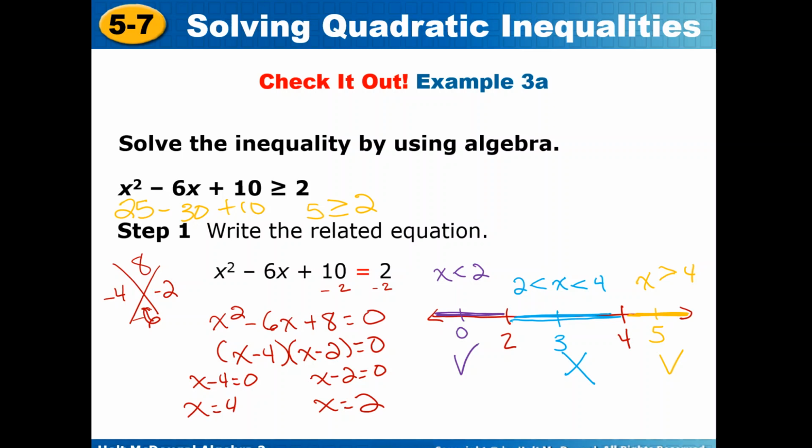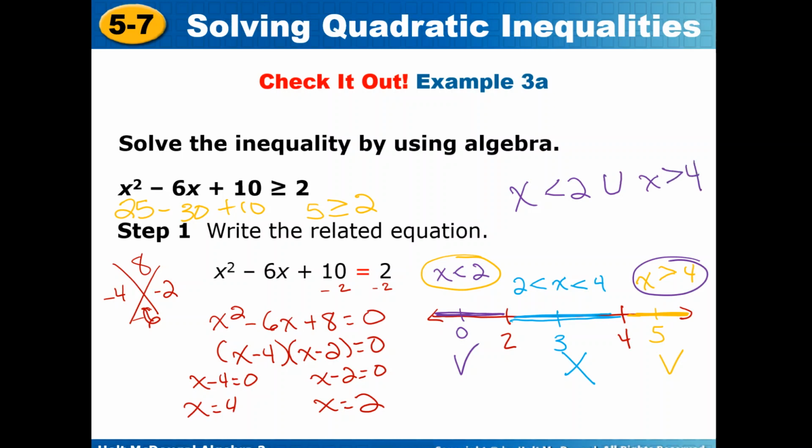So now I can see where my 2 regions are: when x is less than 2 and when x is greater than 4. So my region is going to be x is less than 2, or, and remember the or goes like this, x is greater than 4.